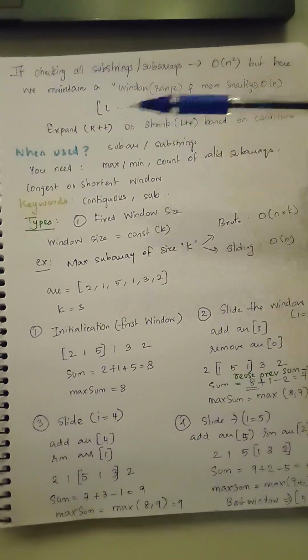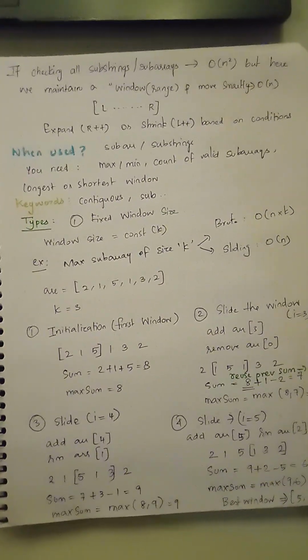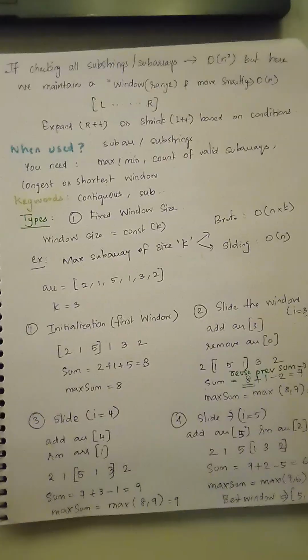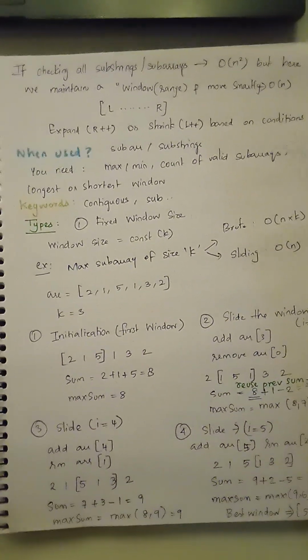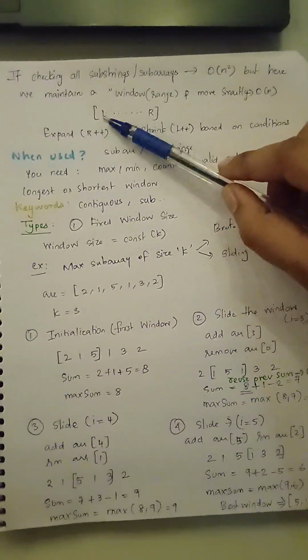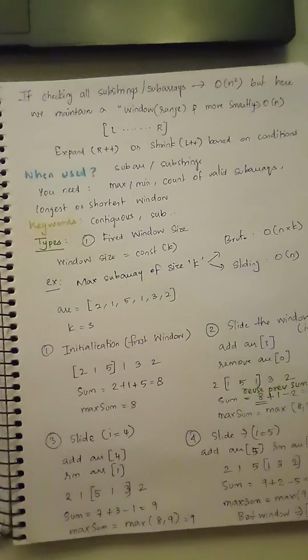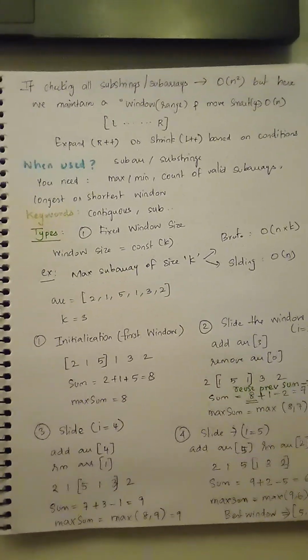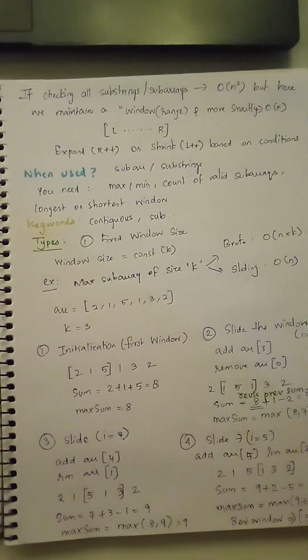But if we want to shrink the window, to change its size to a smaller portion, we need to move L to the right. That means not actually moving, but incrementing L. So we are shrinking basically based on the conditions.